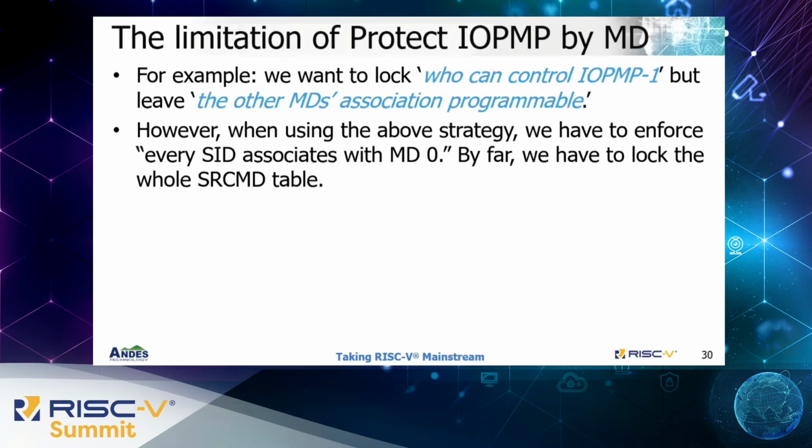If you want to keep partial programmability of the SRC-MD table like this example, like who can control IOPMP1, but leave the other MD associations programmable, we will quickly realize we are not able to lock only a few bits of those SRC-MD registers by the above method. So we need a fine-grained lock.